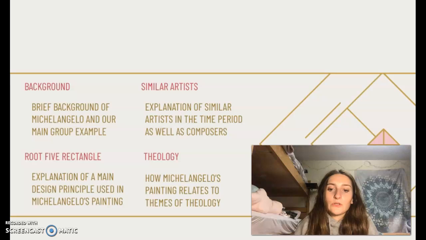Next, we will move into talking about the Root 5 rectangle, which is basically the main design principle used in Michelangelo's painting, so we're going to explain a little bit about that. And then lastly, we will move into our main theme of theology in this piece and how Michelangelo's painting relates to the themes of theology.